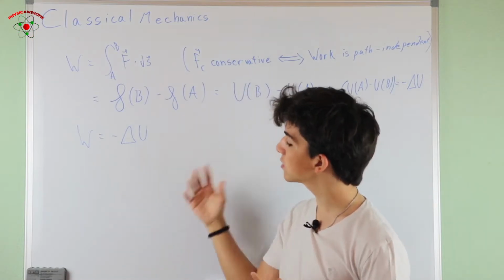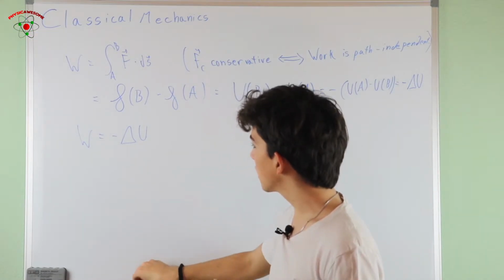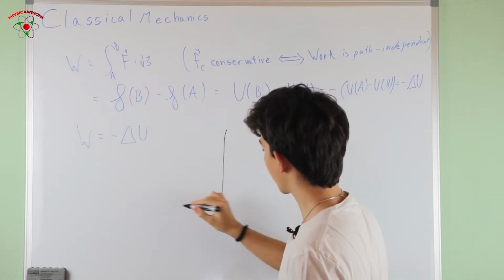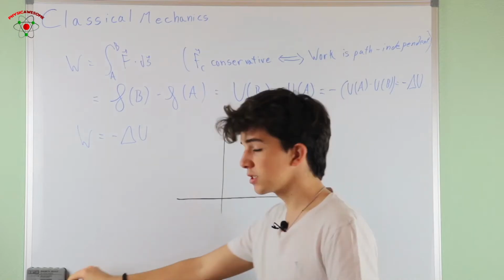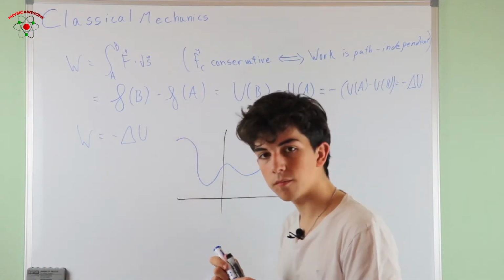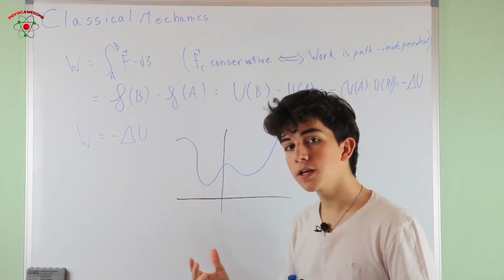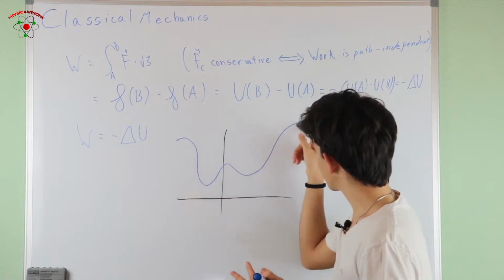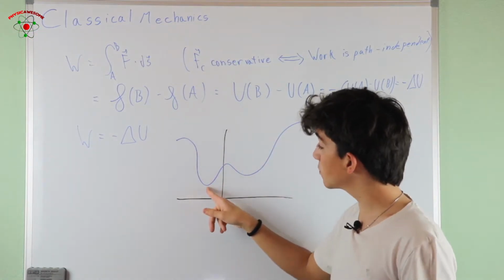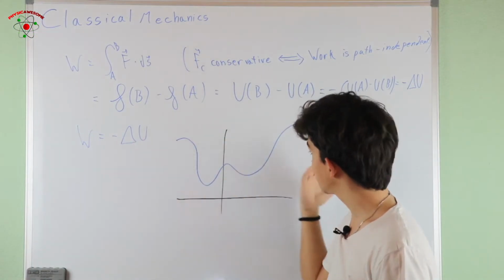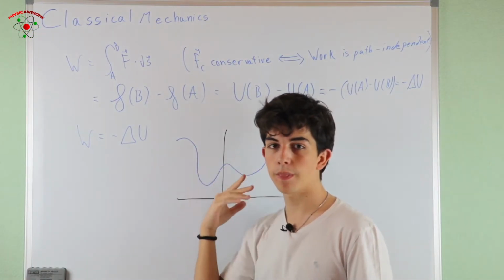And what this allows us is that if, for example, we draw a graph of some potential energy, we can see that this point is less energetic than this one over here, and that this point is the lowest energy point of this interval we have drawn.